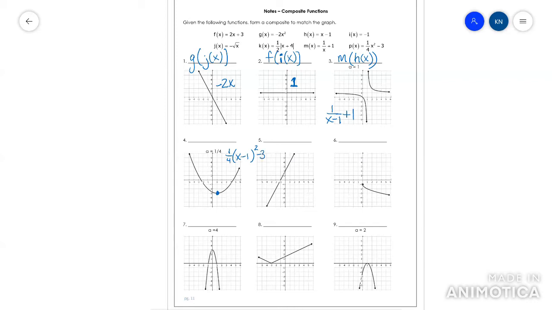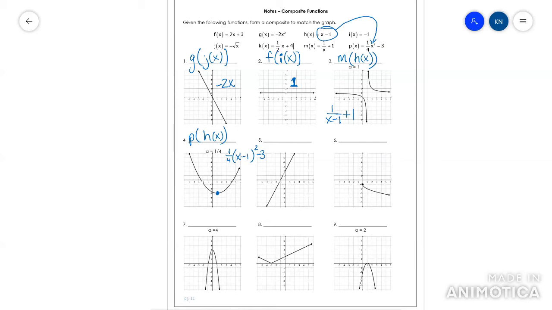So now I glance up here at my equations. Hey, this one right here is really close. If this letter x had just said x minus 1 again, like this, it would have worked. So that x minus 1 is what you're going to plug in there. So h is being plugged in to p of x, like that.